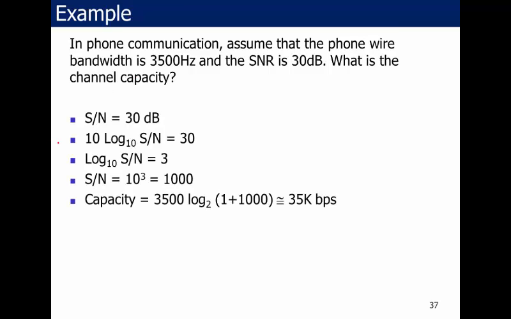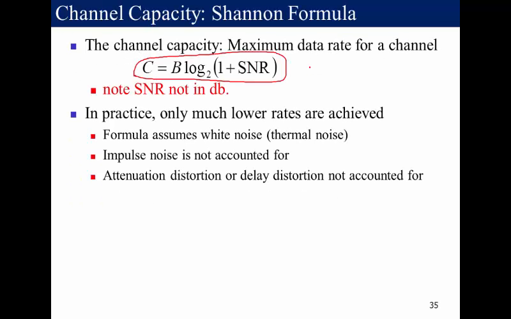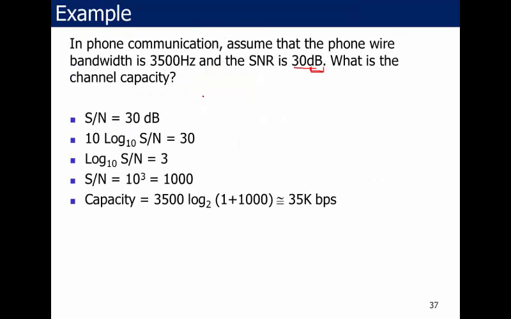Solution is next. So SNR is 30 decibel. See, look at here. This is a decibel. The one that we want is not in decibel. That's what I say here, right? SNR is not in decibel. So what should we do?